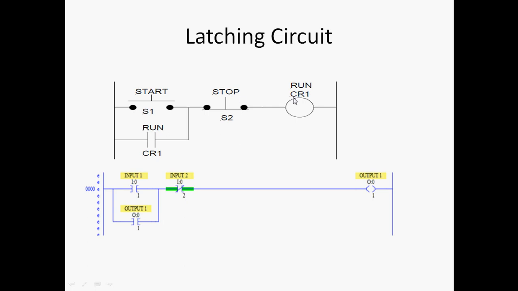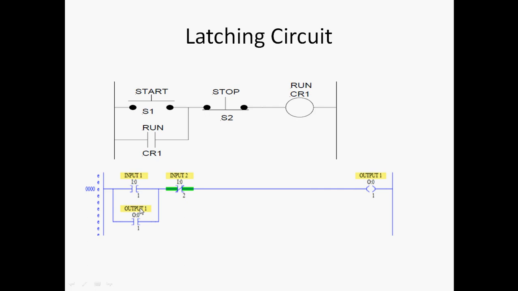So here, run CR1 is considered like this. That means your output should be continuous. When input 1 is on, output 1 is on, and it stays continuous because of this latch. So this is called a latch.